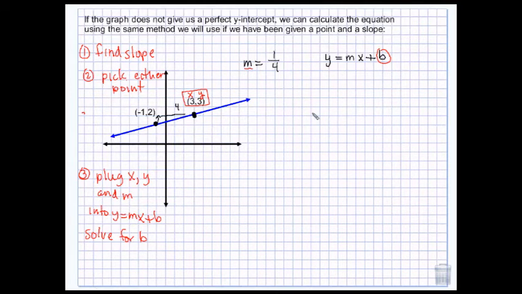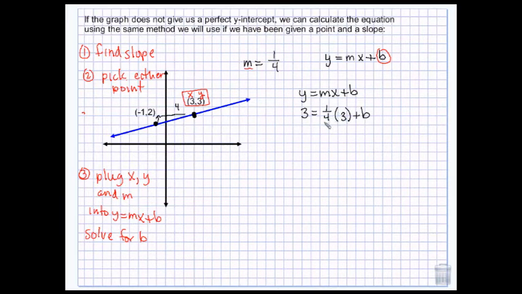Okay, so we're going to use the point 3, 3. So I've got y equals mx plus b. Y is 3, m is 1/4, x is 3, I don't know b. So y, m, x, we still have to find b.